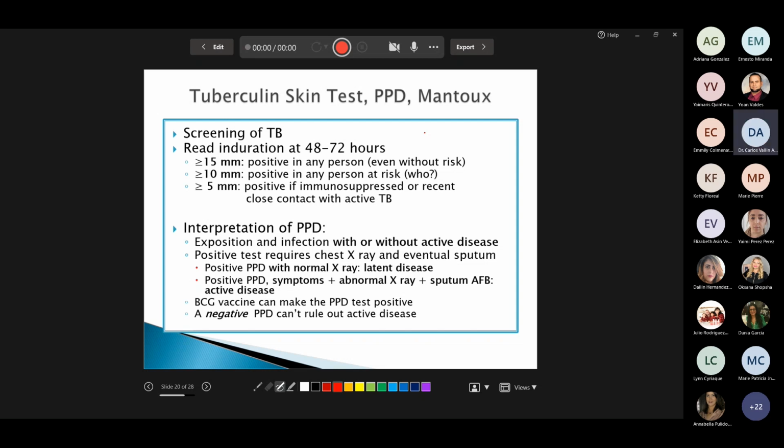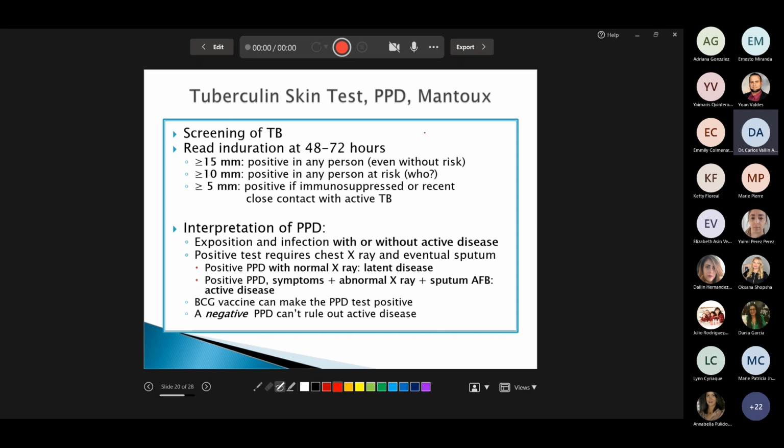When you do a PPD, you do an intradermal injection of 0.1 milliliter of the purified protein derivative, PPD, and read the site 48 to 72 hours, 2 to 3 days after the test.